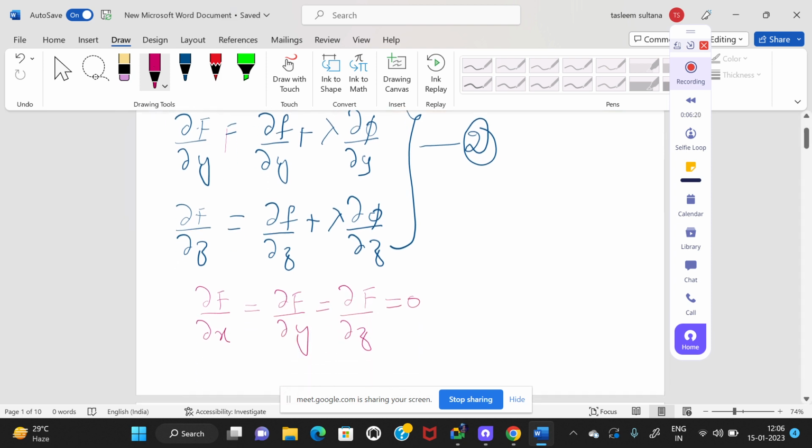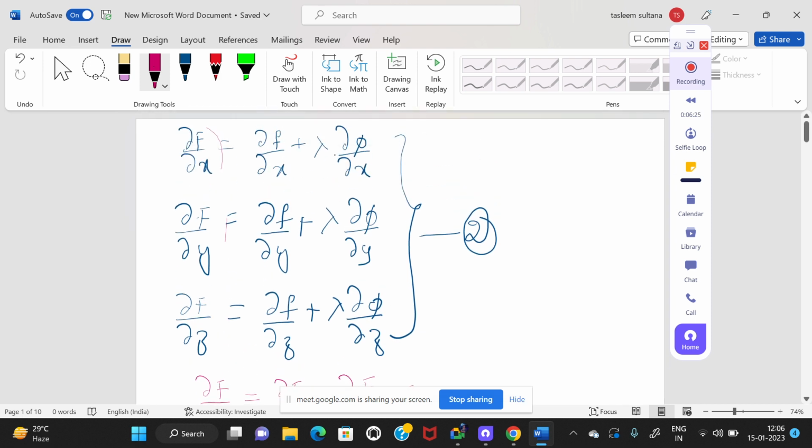Then when we substitute dou F by dou x, dou F by dou y, and dou F by dou z equal to 0, this changes to dou f by dou x plus lambda dou phi by dou x is equal to 0. This should be small f, not capital F. Make that equation number 3. Then dou f by dou y plus lambda dou phi by dou y is equal to 0, equation number 4.